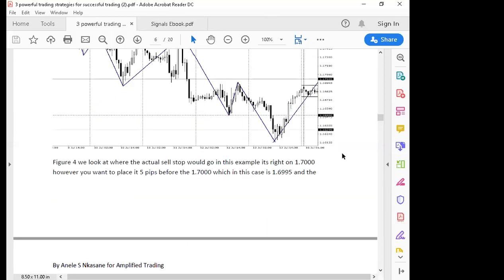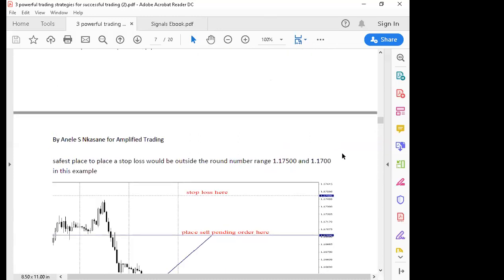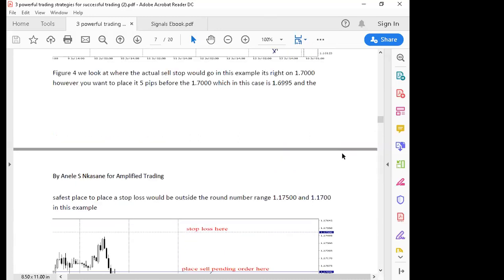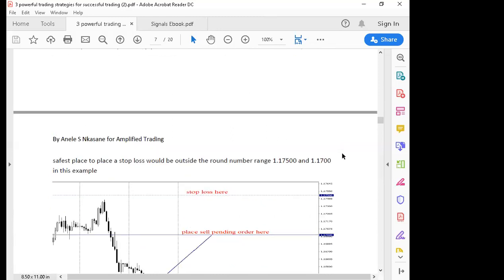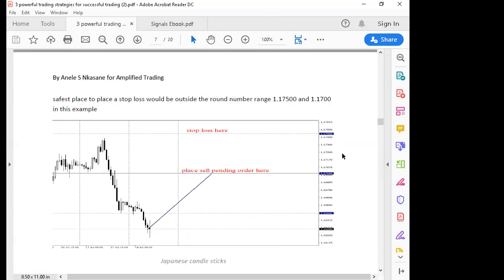Now, I think definitely I've got my figures mixed up. Now we're looking at where the actual sell stop and stop loss would go. So let's just move there. A lot of guys have been asking me regarding stop loss, whether I should use it or not, and I've always responded with the same monotonous response.